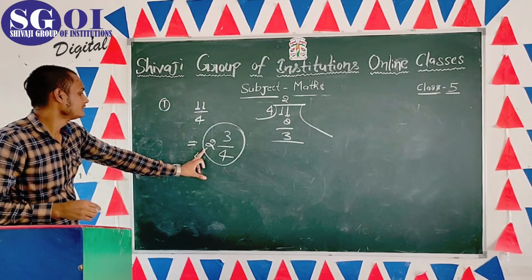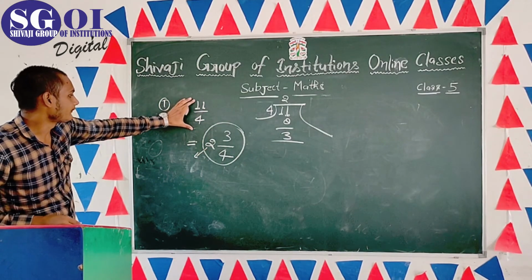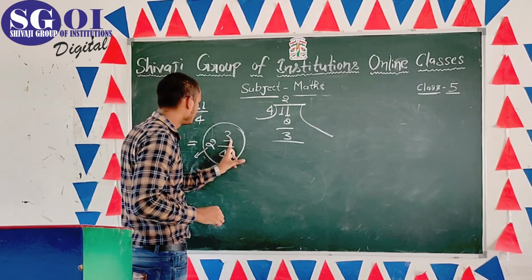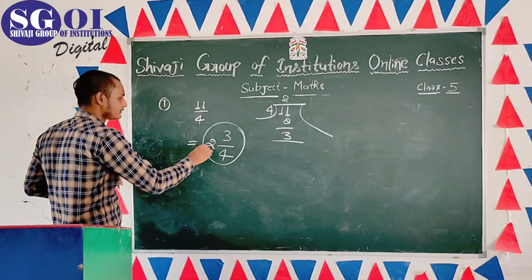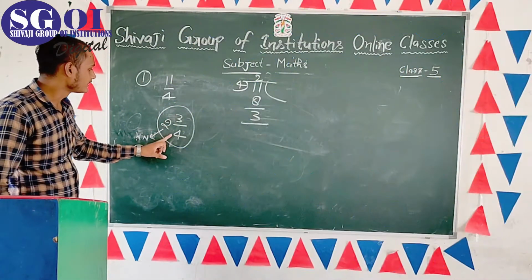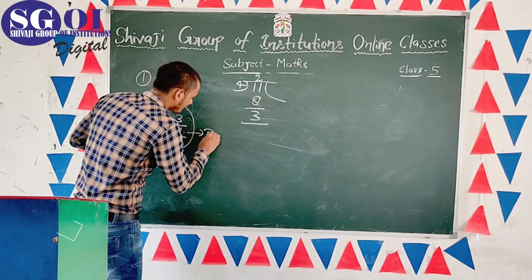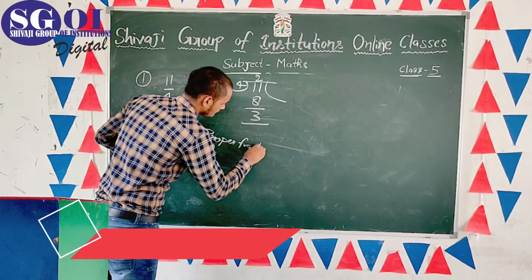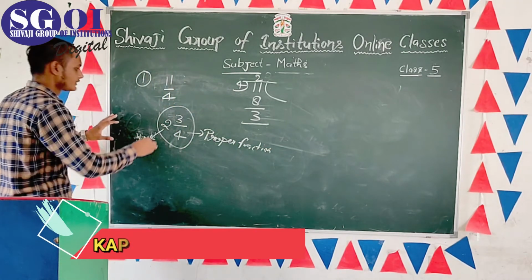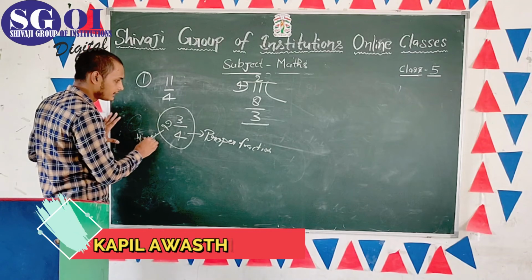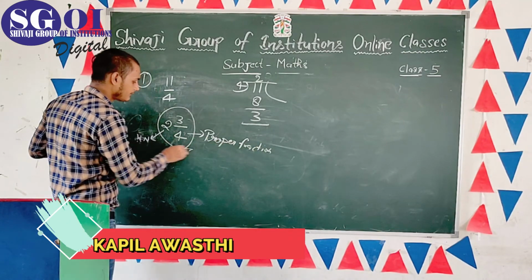We form this improper fraction into a mixed number. 4 2s are 8 and remainder 3. Okay, friends. 2 is a whole number and 3 upon 4 is a proper fraction. So this is a mixed fraction because it's a combination of a whole number and a proper fraction.